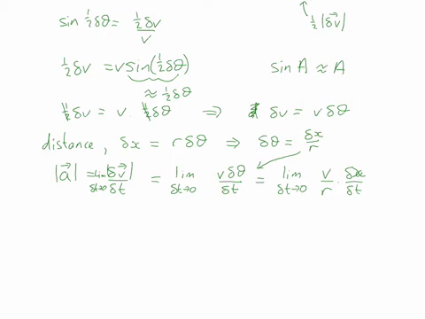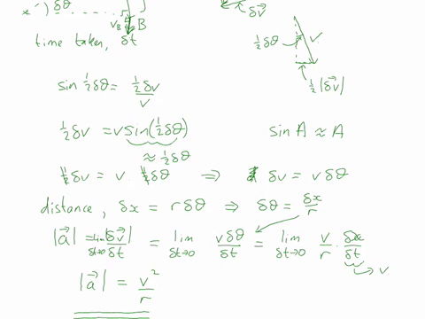So what I end up with here is that the magnitude of the acceleration is just v squared over r, because this quantity goes to v. All right? So what I've shown here is that the magnitude of the acceleration for an object moving in a circle is simply v squared divided by r.